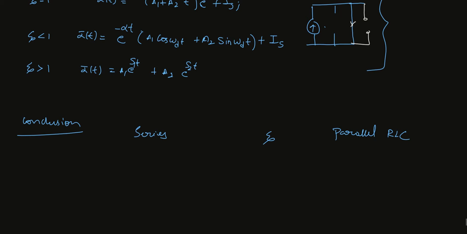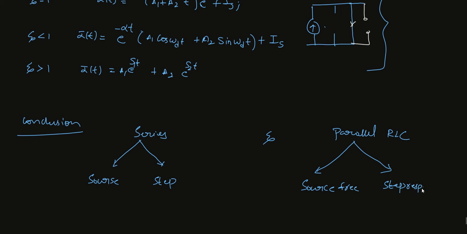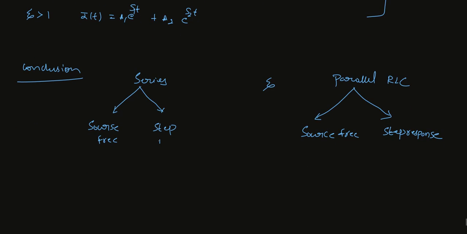In the series RLC circuit we discussed two points: one is the source free response, and the other is the step response. Here also, in the parallel RLC circuit, we discussed two points: the source free response and the step response.